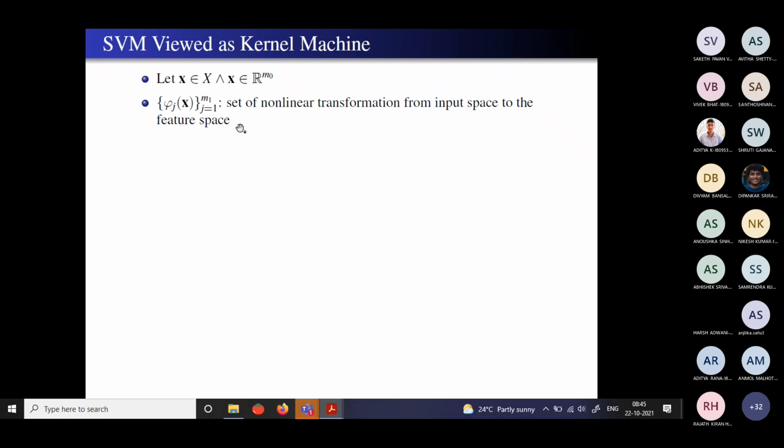Let's say we make the assumption that phi_j is defined a priori for all j. If you are taking any function, such as a radial basis function, it should be defined up front. We are not going to compute it on the fly.